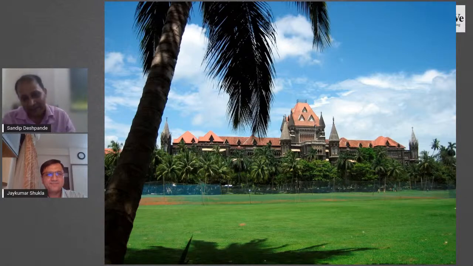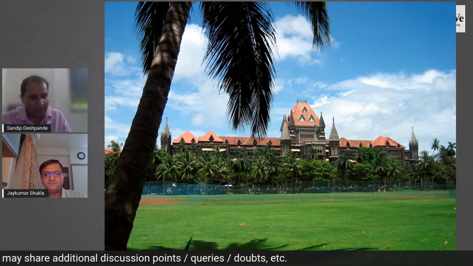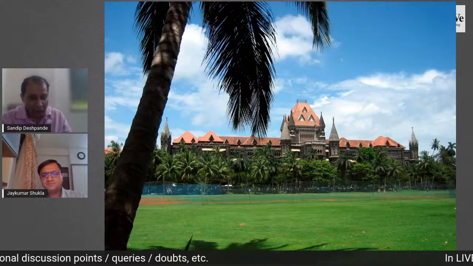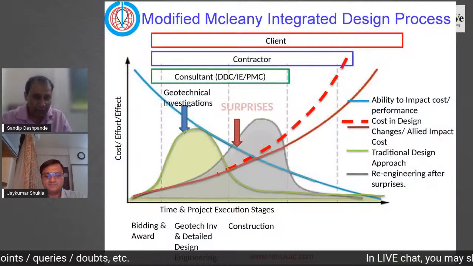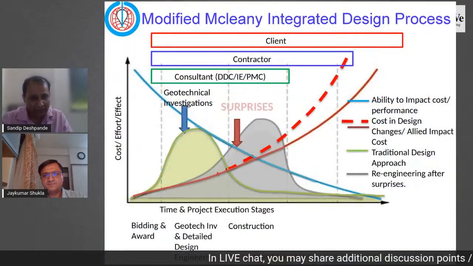Similarly, on a construction project, maybe building, industrial, or infra, everything depends on the ground conditions, and that is the pivot point in the complete success or failure of the project. So for all the stakeholders, it is very important why investigations are required.